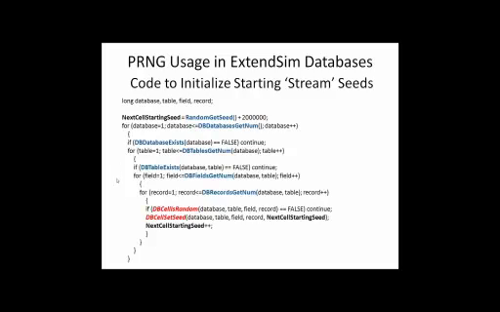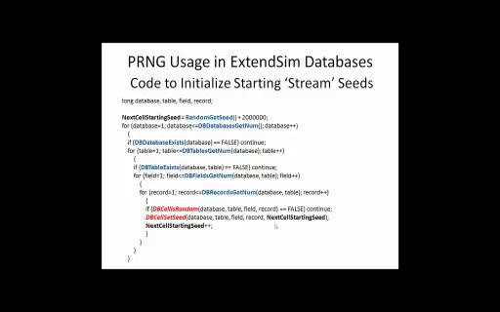Then we go through 4 nested for loops, where the outer loop is for databases, then tables, then fields, then records. We determine whether the cell we're pointing at has a random definition or not.